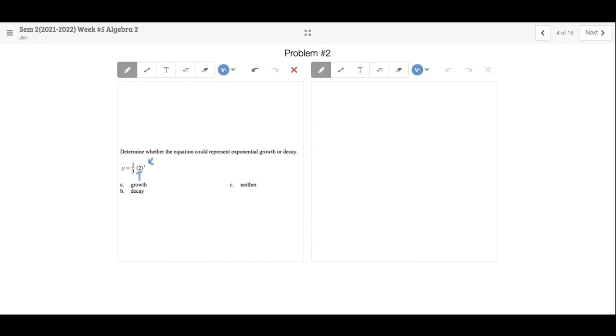The 1/3 is where you're starting from. This number is called the base, and that tells us if it's growth or decay. It's greater than 1, so it is growth. So we're going to look at the base for those.